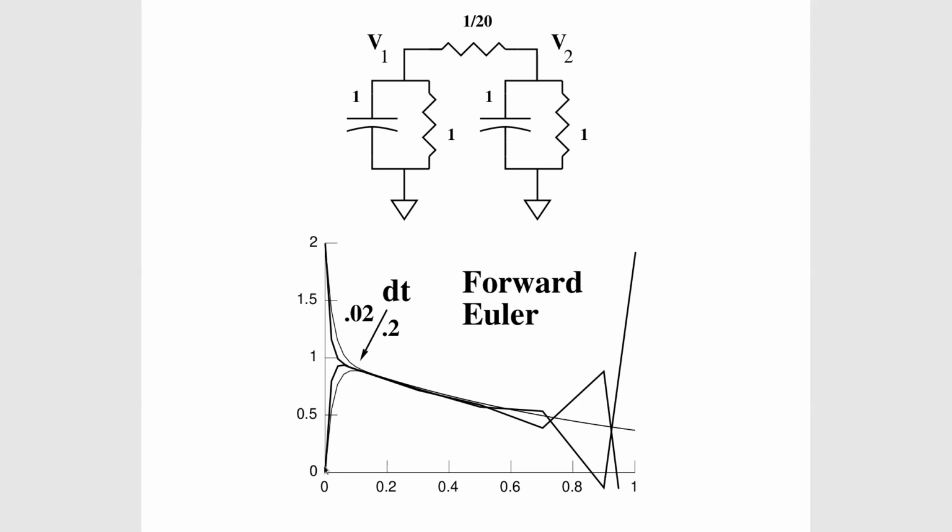The first thing that happens is the dynamics are dominated by equilibration of membrane potential between these two nodes, okay, so that the membrane potentials here become more approximately equal.